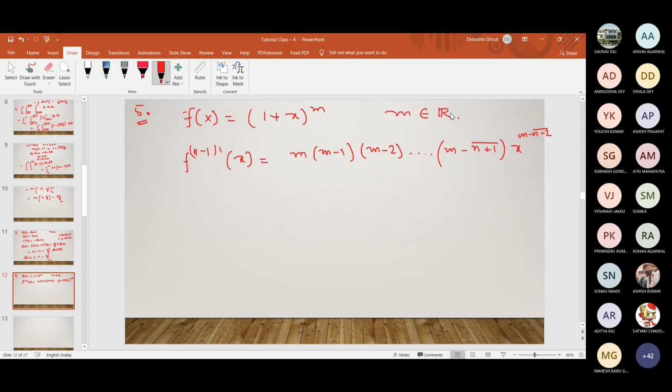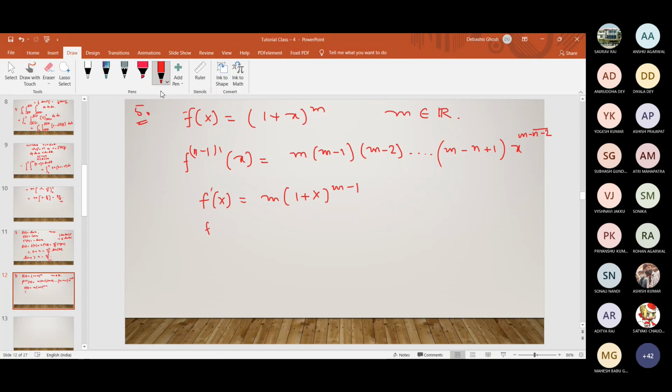So confused. So let's find out with 1 or 2. f of x equals m into 1 plus x to the power m minus 1.